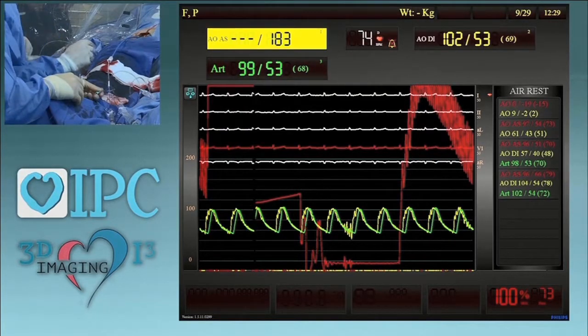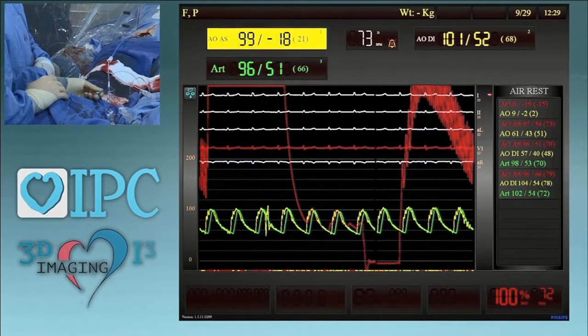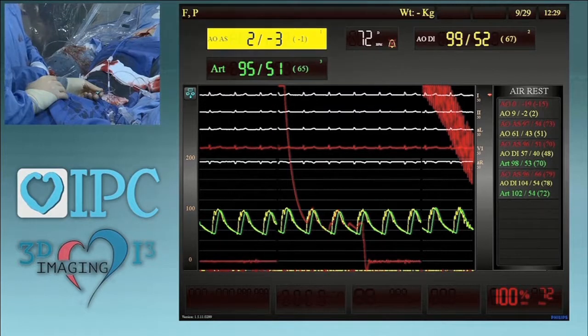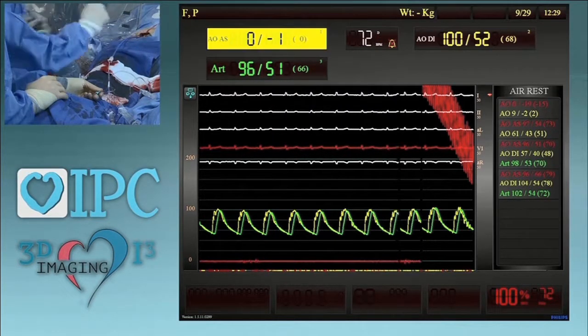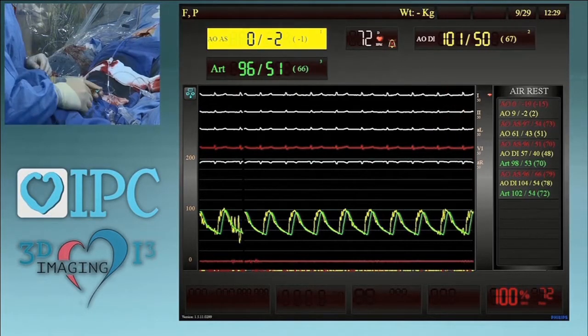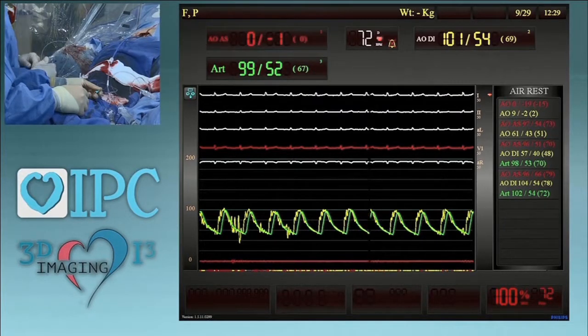Okay, stop. So the red is the radial artery. The yellow and green are the descending aorta and the radial artery, with zero gradient. The descending aorta is the yellow, and the green is the left radial artery.